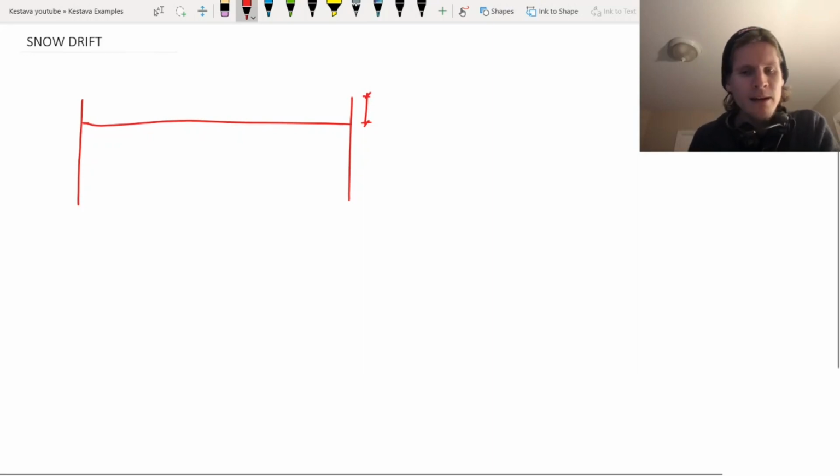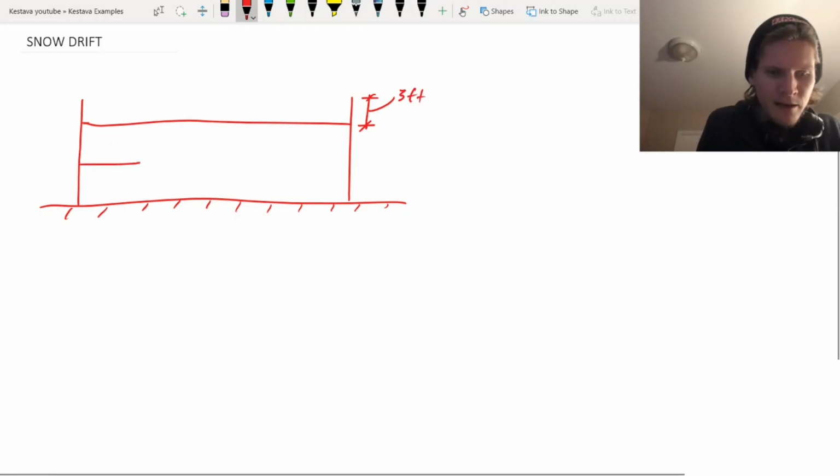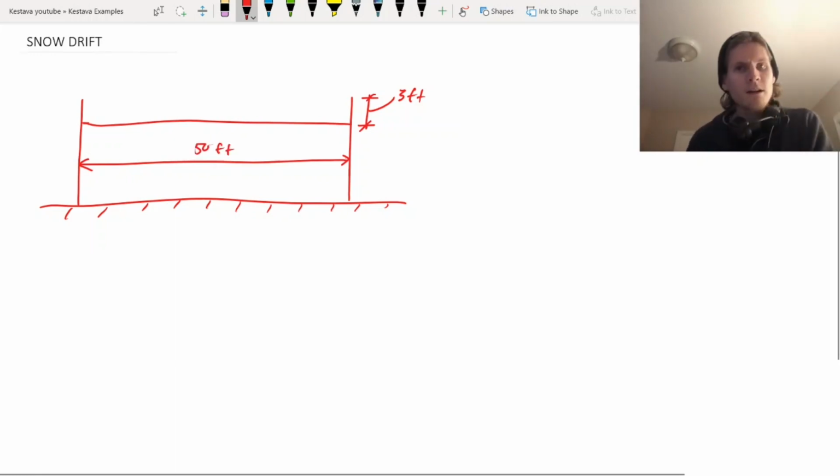That's your parapet that sticks up a couple of feet above the flat roof line. So it's flat, and let me finish it off here. So that's our ground. What we do need to know are the height of our parapets, which are 3 feet, and then the width of our structure, which we're going to say is 50 feet. So that's what we got going on here today.